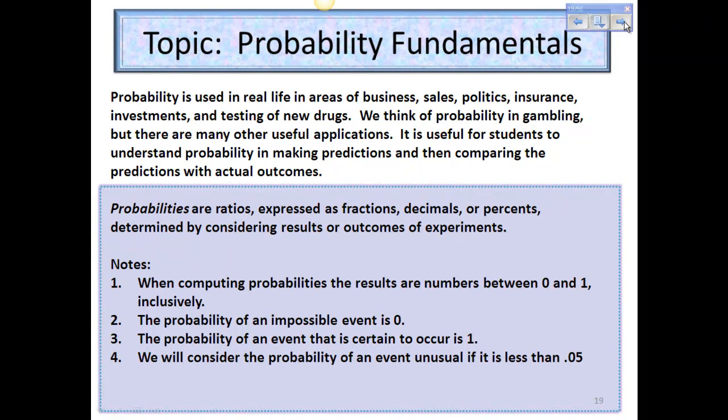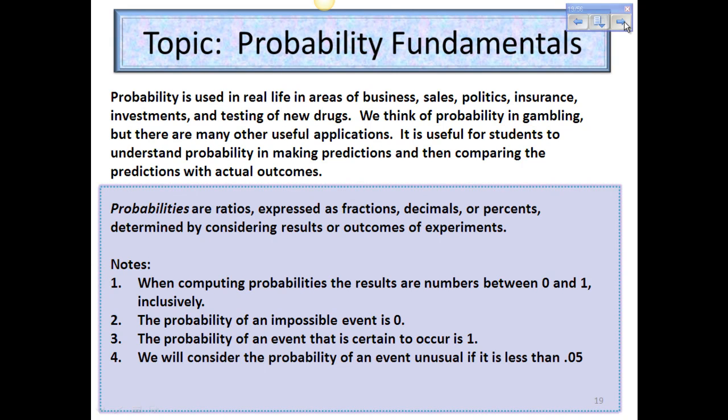So probabilities are ratios expressed as fractions, decimals, or percents determined by considering results or outcomes of experiments. Keep in mind, percents are just a decimal written on a different scale. When computing probabilities, the results are numbers between 0 and 1 inclusively.